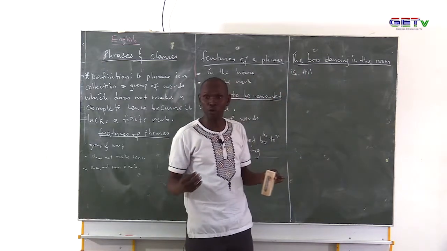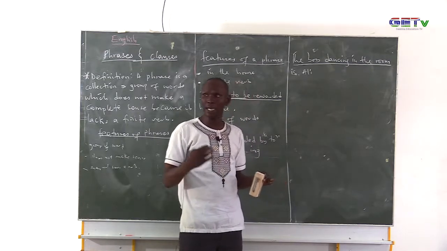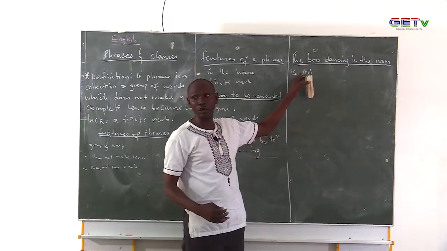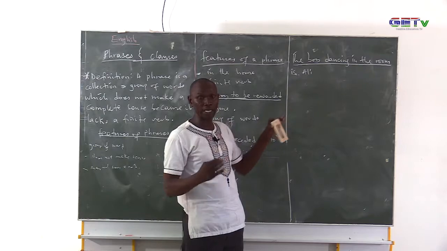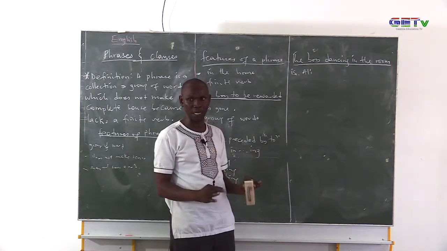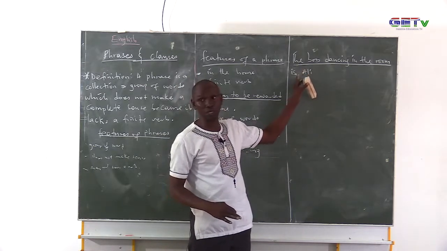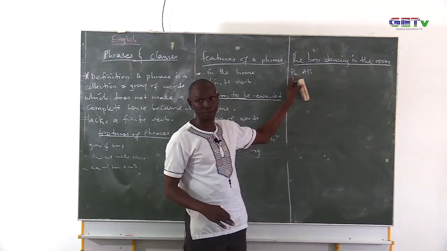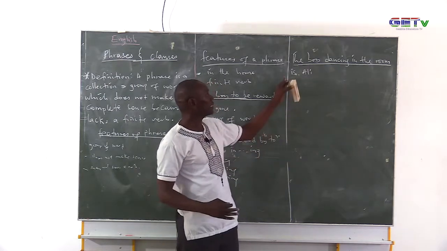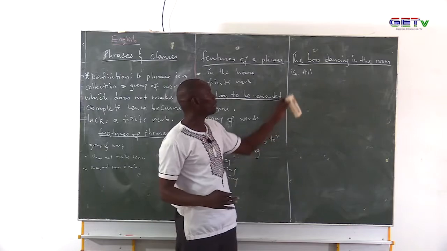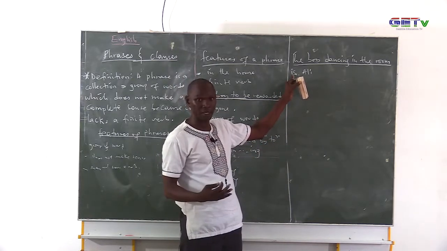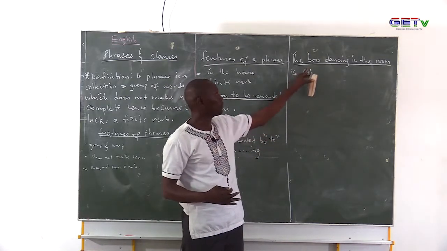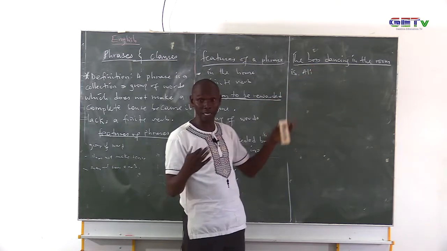Now, we are going to limit our analysis only to the underlined words. So anything outside it is not a problem here. Now, by looking at this, we know this is a verb, it can change. But for the fact that it is not underlined, we are not going to use it, because once we want to consider it, then we will call this a clause and get the answer wrong.